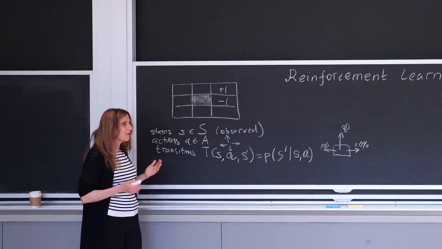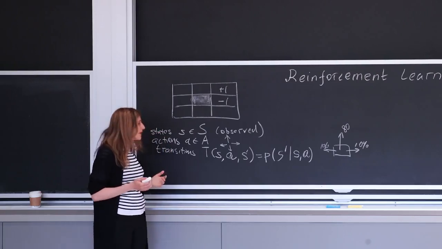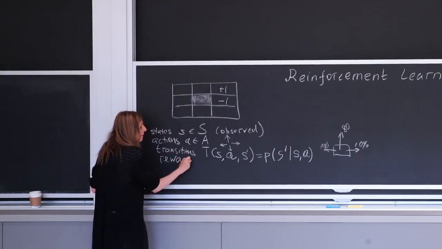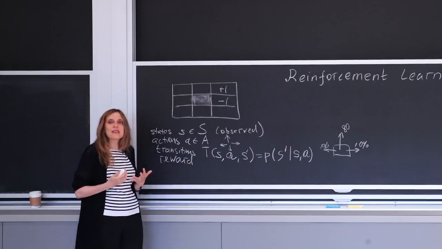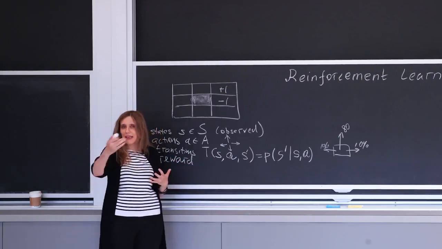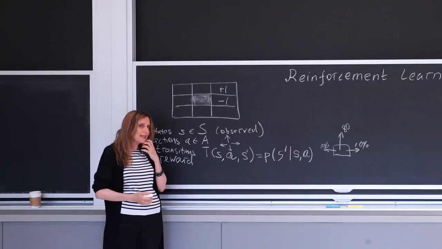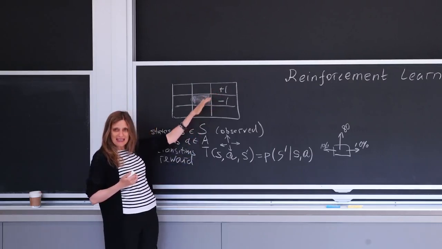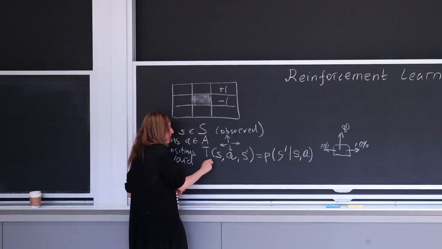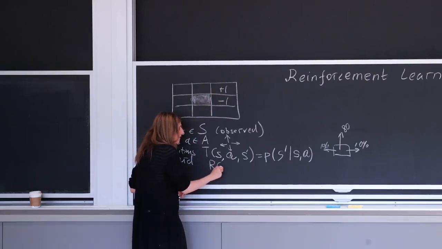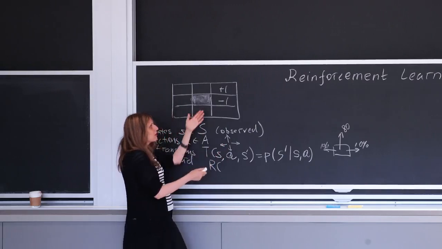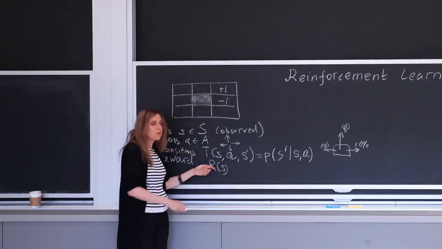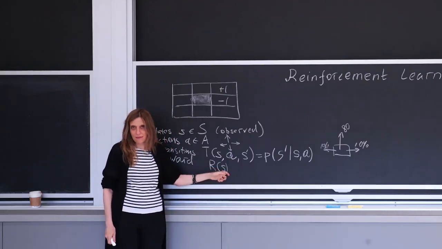And the final thing that I want to introduce to you is the notion of reward. Okay, because we said that this is our way to see what is a good behavior, if at the end we got a reward. And there are many ways to define reward. So what I kind of implied here, I told you that the only reward or punishment that I'm getting are in these 2 states, so I can define reward as a function of state. Okay?